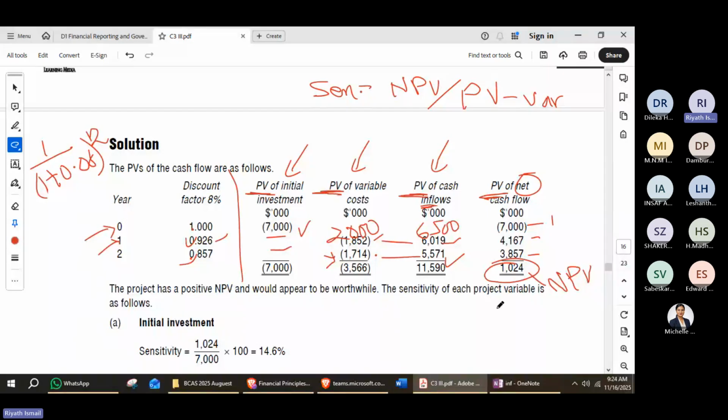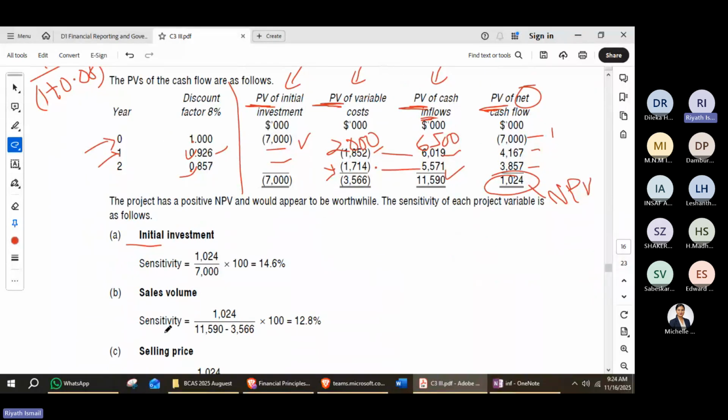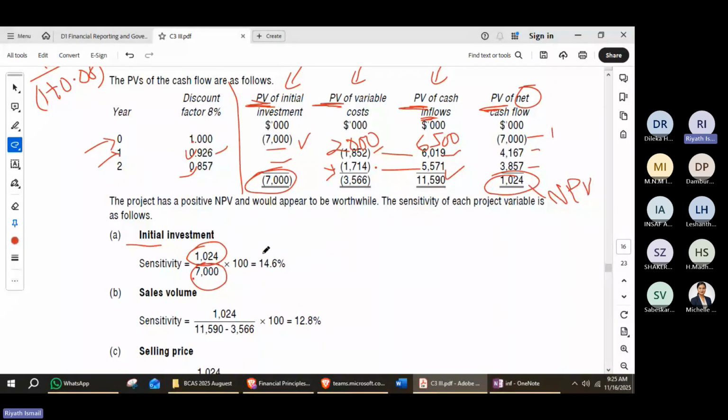Now let's see the sensitivity of initial investment. The numerator is the NPV, that is 1024, and the denominator is the present value of the initial investment, 7,000. Multiplying by 100, it is 14.6%.